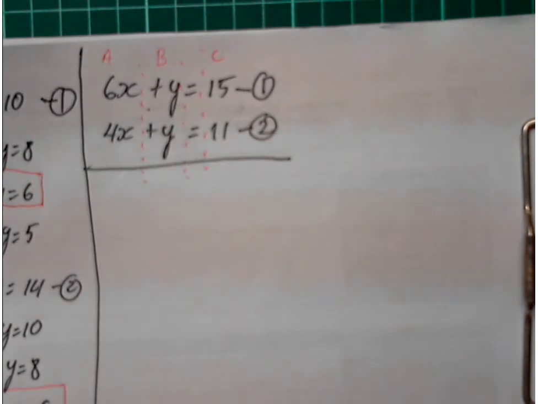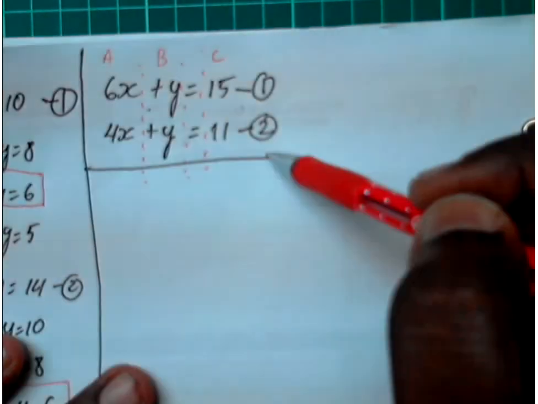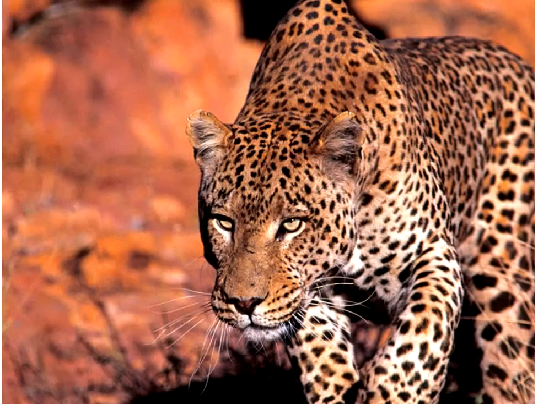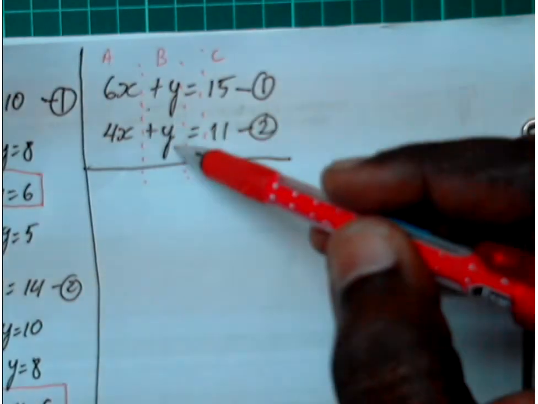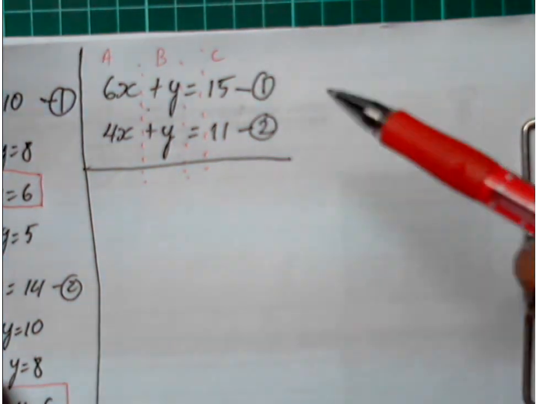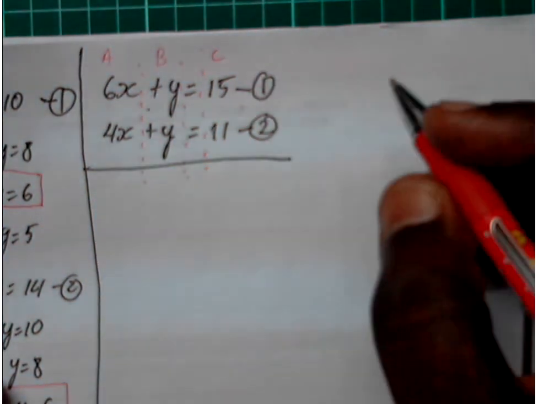Now, if I add equations 1 and 2, I get 6x plus 4x, y plus y gives 2y, 15 plus 11 gives 26. That doesn't really help me.